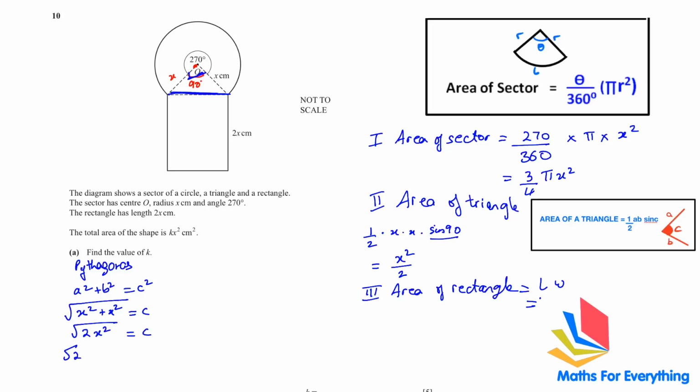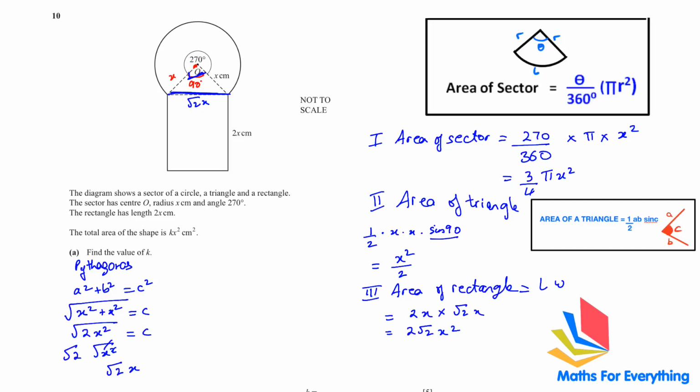Square root 2, and we can write it as square root x square. The x square and the square root gets cancelled. So our side is square root 2x. So we will write here the length and the width, 2x multiplied by square root 2x. This will give us 2 square root 2x square.